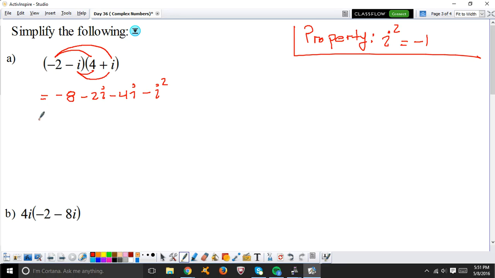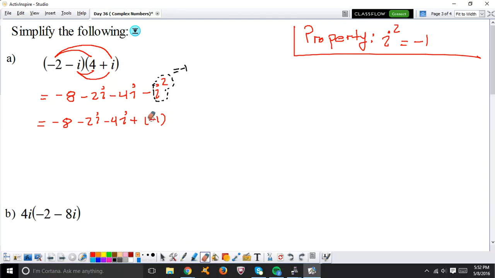So that means that we're going to have -8 minus 2i minus 4i minus i to the second. Notice I have an i to the second here. This is equal to -1. So we're going to have -(-1), which negative times a negative, so that becomes +1.